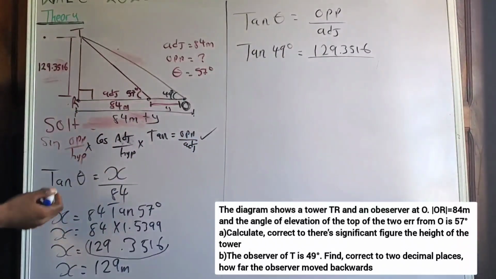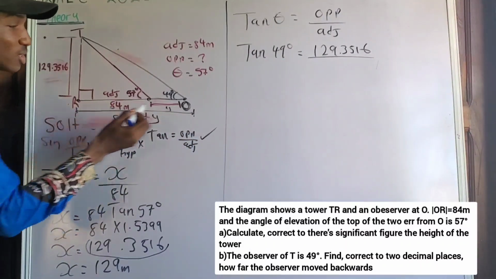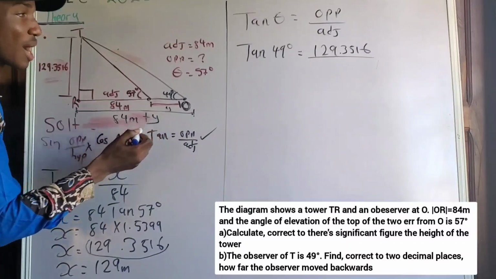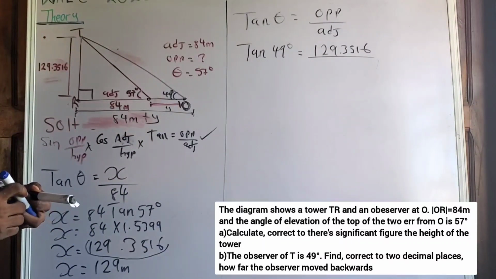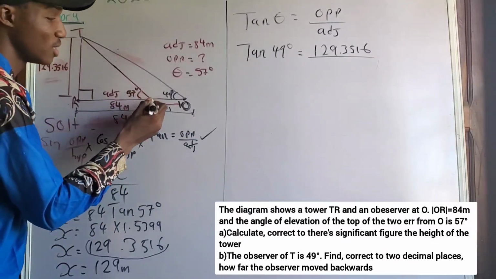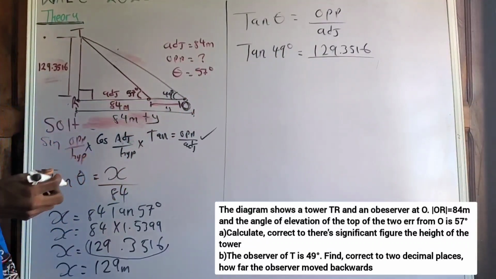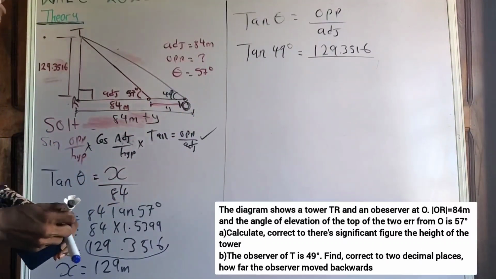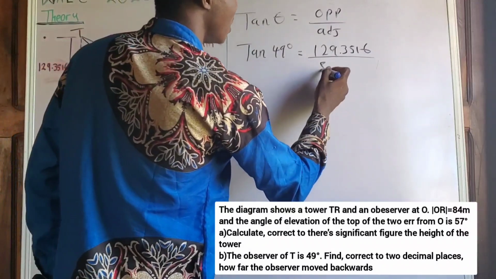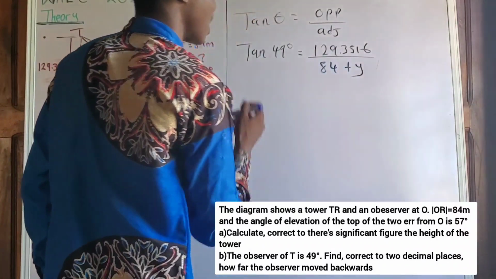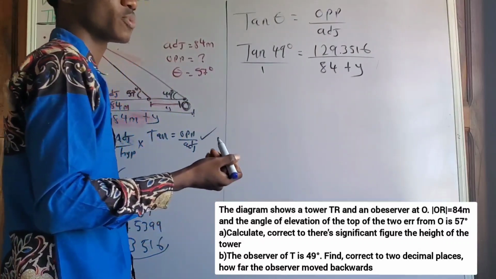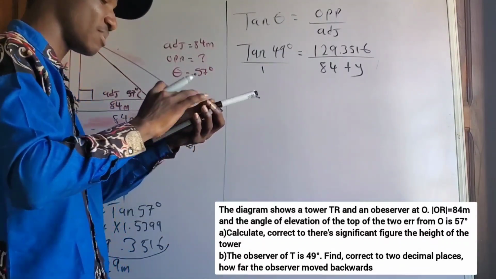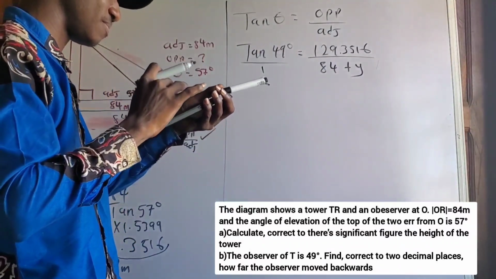Don't forget that the goal is to determine the value of y, as y is the distance between this place and this place, and that is what we are looking for. So I'm going to have all over 84 plus y. Now let us proceed. The next step is that you have to take the cross product, or let us first determine the value of tan 49 degrees.